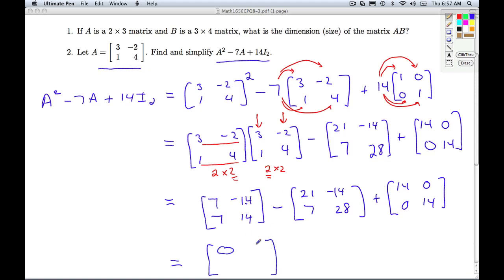To get the first row, second column, I'm going to just take negative 14 minus negative 14, which is 0, plus 0 gives me 0. To get the second row, first column, I take 7 minus 7, which is 0, plus 0, which is 0. Second row, second column, 14 minus 28, negative 14, plus 14 is 0.